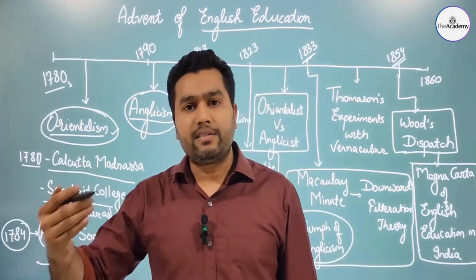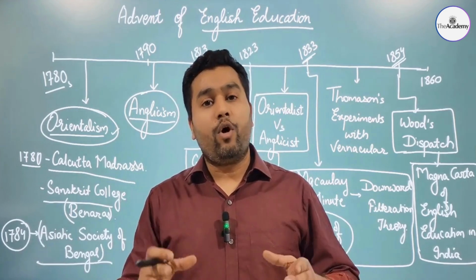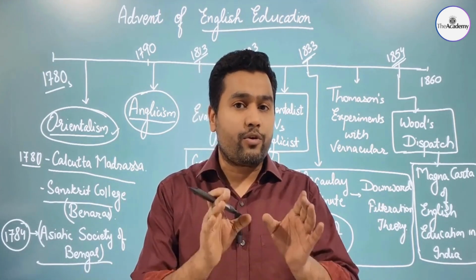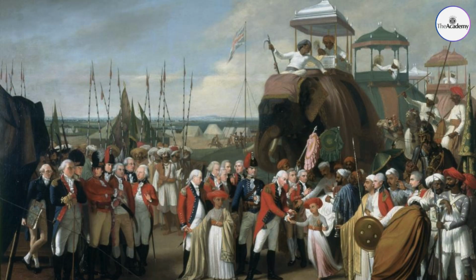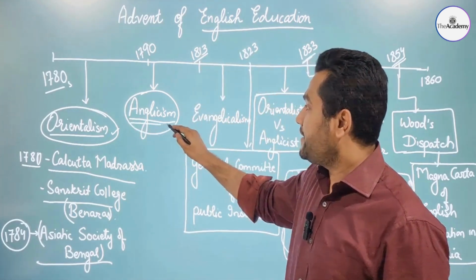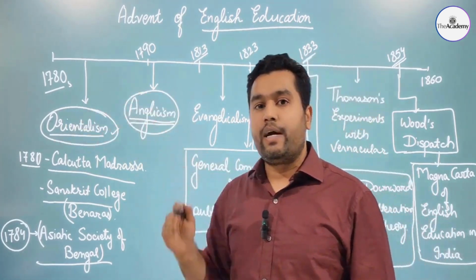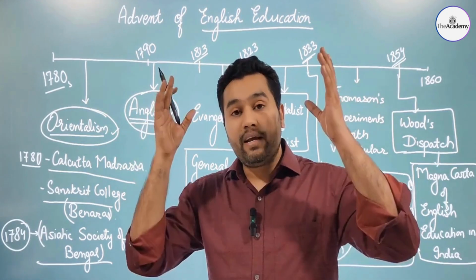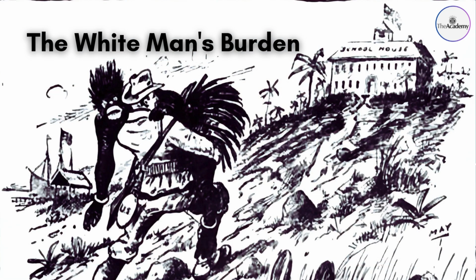And in the Anglicist time period, they started claiming that all higher posts must be reserved for Europeans. English supremacy was put forth by Lord Cornwallis. Lord Cornwallis said the English character was far superior to that of the Orient. He claimed that they were destined, with the white man's burden, to civilize the uncivilized.